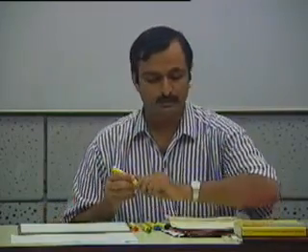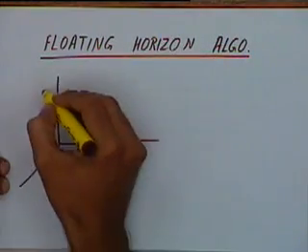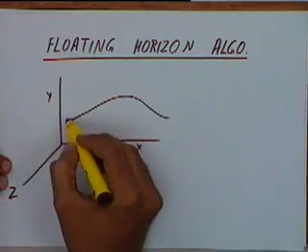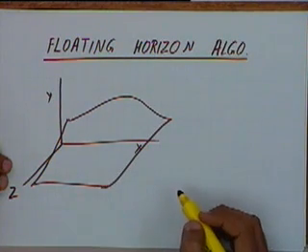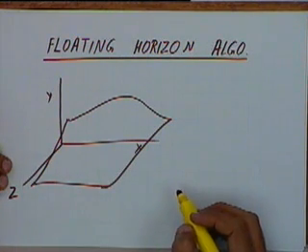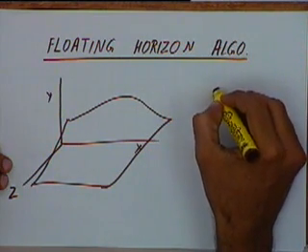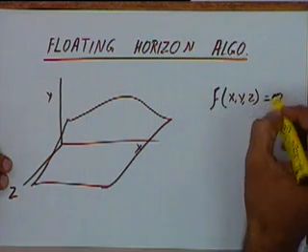Now, this floating horizon algorithm will be used for displaying surfaces. If I have a surface, something like this, where the surface can be given mathematically by an equation of the type f of x, y, z is equal to 0.